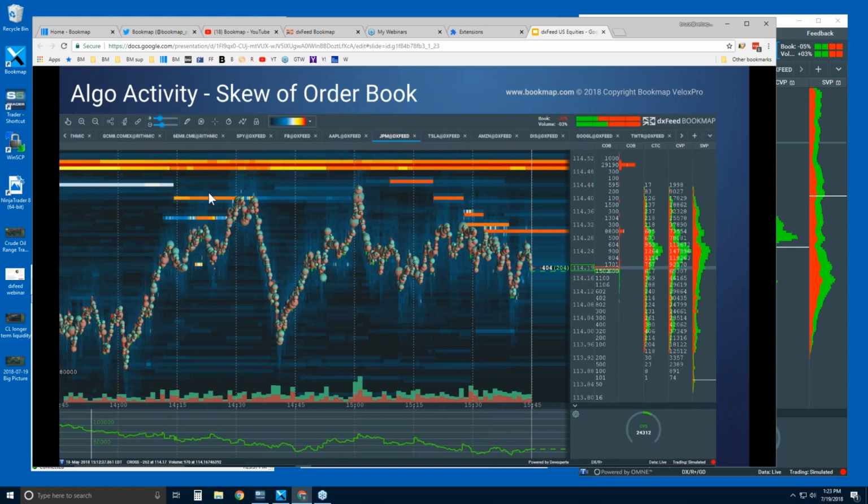All right, here's another skew in the auction. This is JP Morgan, and what we're looking at are areas where there's very high liquidity up here at 114.50, and then look at this larger player, high liquidity, lowers it again and again, and it skews the auction. All of a sudden there's a lot of supply.